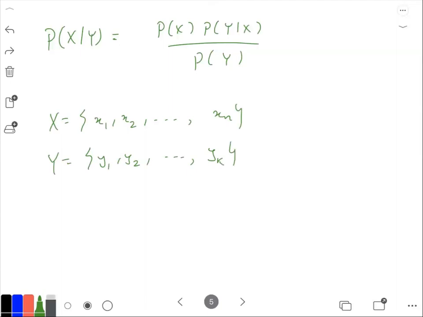Now, if you wanted to ask, what is the value of y such that the probability of y given x equals x1, x2, xn is maximal? That would be an example of naive Bayes classification.